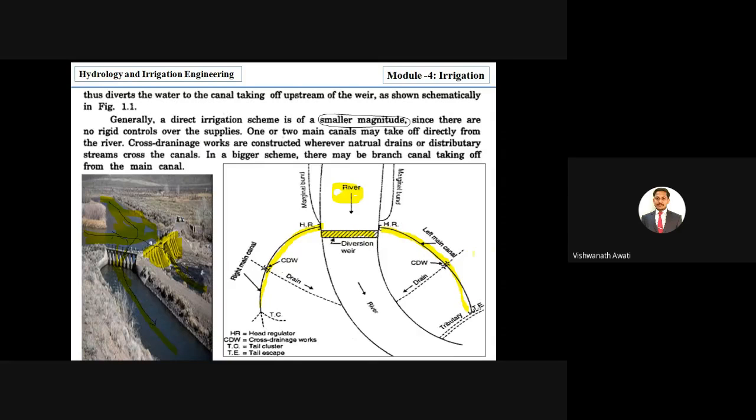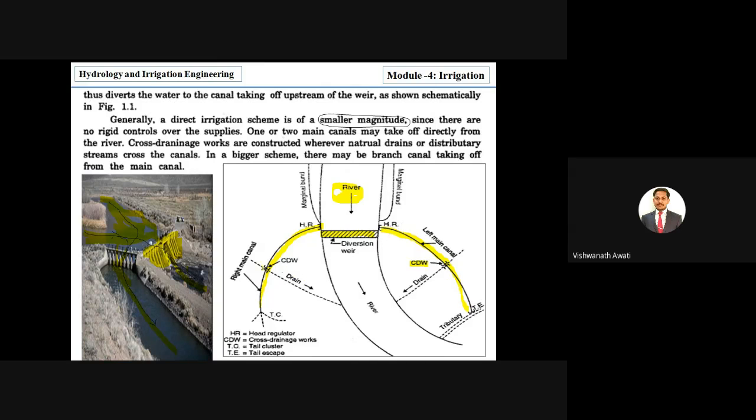And in between, if you require any drainage, then CDW, cross drainage work, is constructed across the canal, like an aqueduct, right? Because the natural drainage is lower than the canal level, a bridge-like structure is constructed to avoid water losses, right?